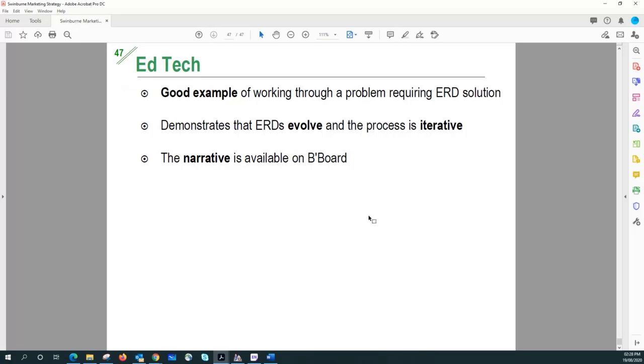Right, so next week, this is the case study I am doing. The case study is called EdTech. It's a small educational institution. I will go through it and show you how we are going to create the ERD.